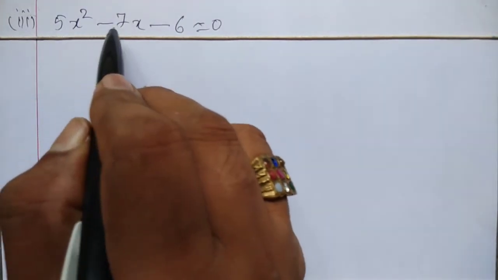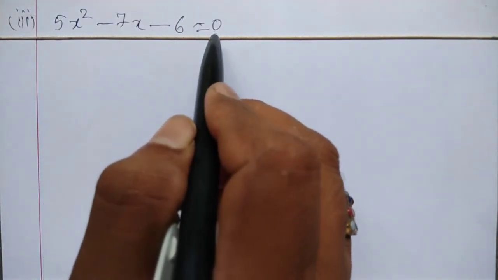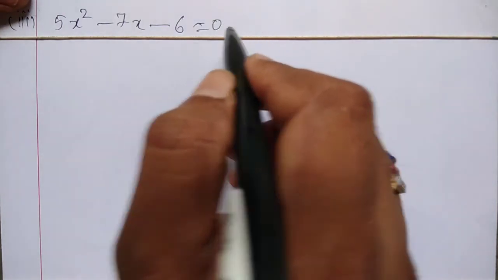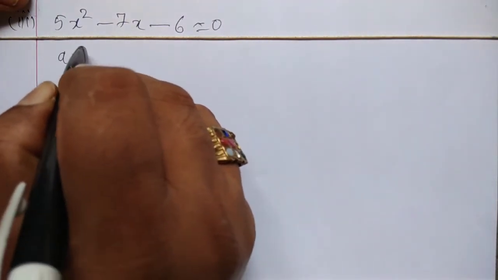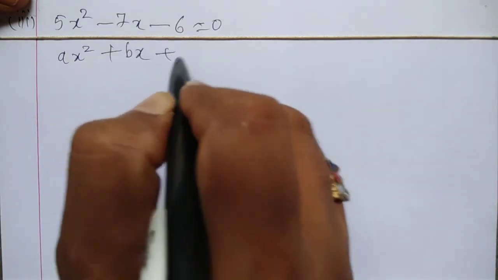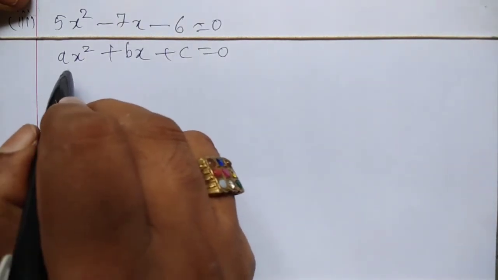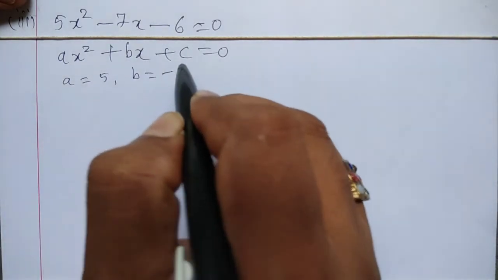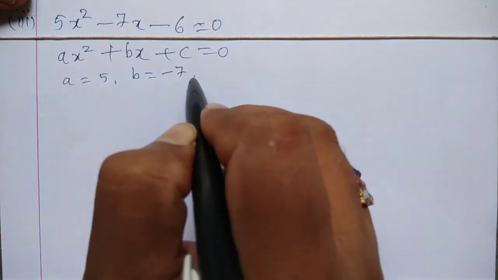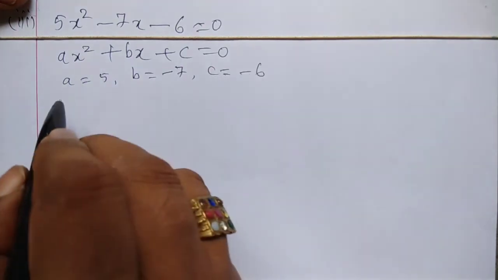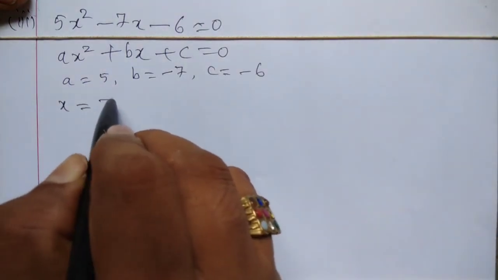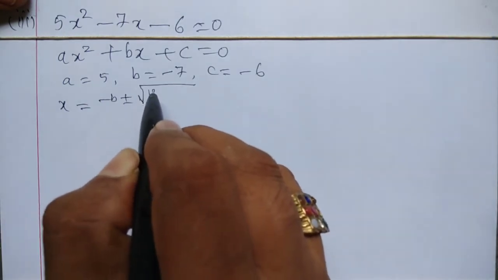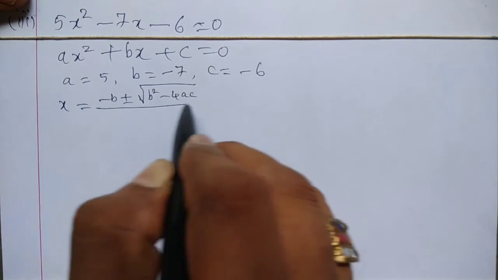Third problem, 5x square minus 7x minus 6 is equal to 0. Comparing this with the standard form ax square plus bx plus c is equal to 0, we have a is equal to 5, b is equal to minus 7, c is equal to minus 6. Then x is equal to minus b plus or minus under root of b square minus 4ac by 2a.